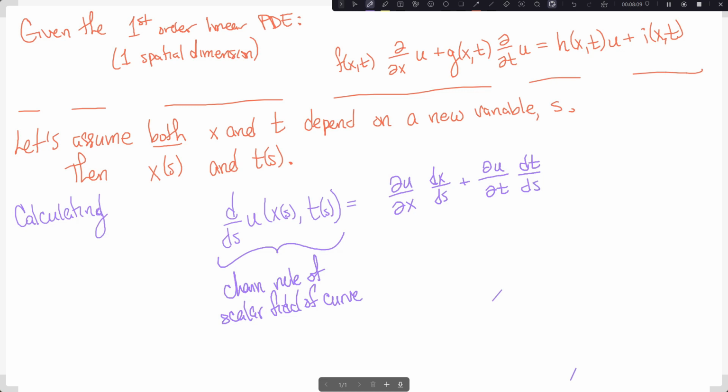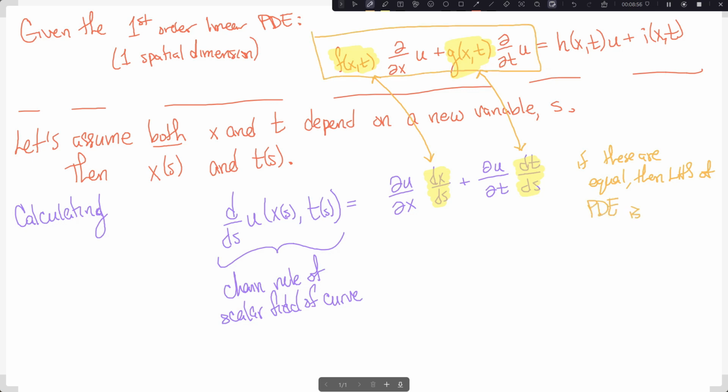And I think that's going to seem a little bit more familiar to all of you from when we did our chain rules of scalar fields of curves. Well, the method of characteristics says, hey, let's compare these that I'm highlighting in yellow, because if these are equal, then the left-hand side of the PDE, as in this whole term, is du ds.